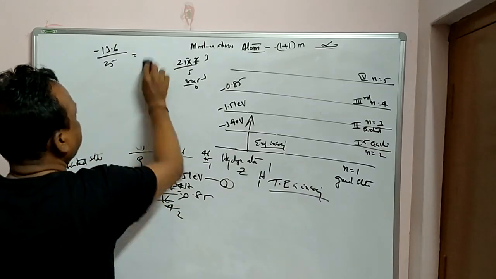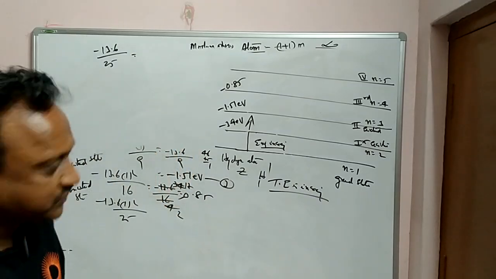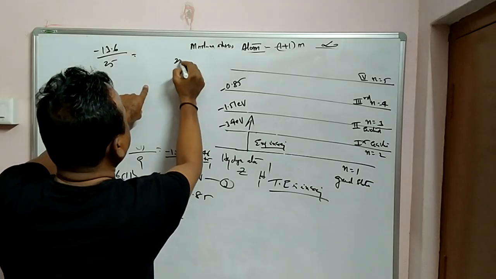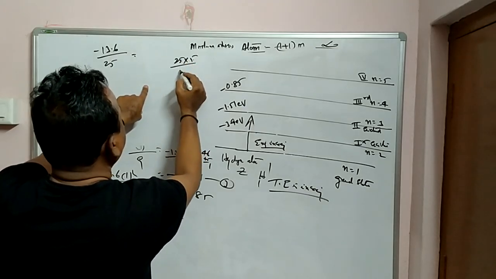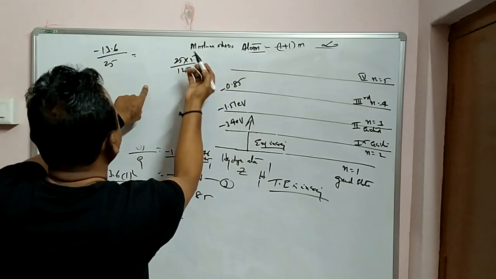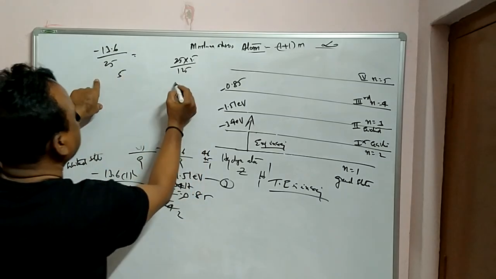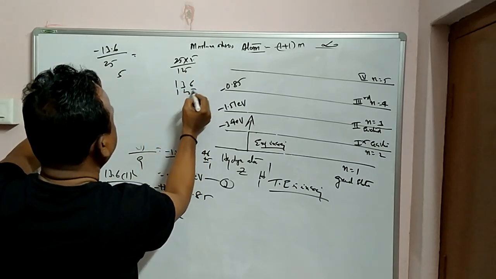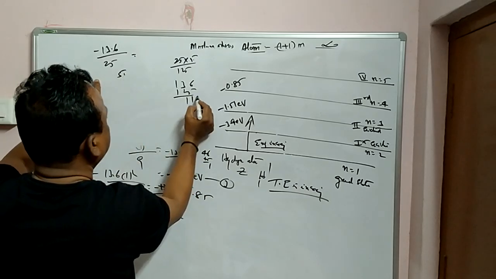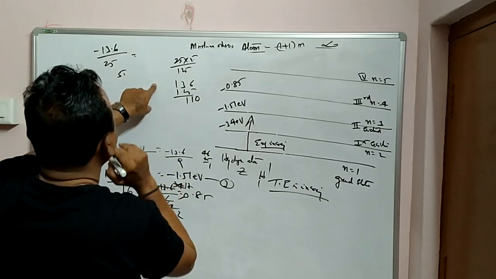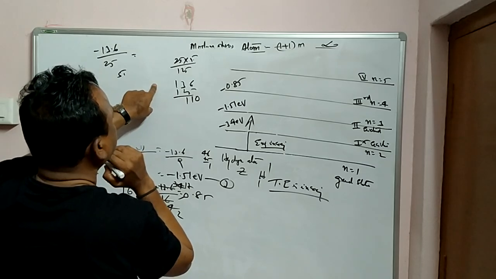So these values, if you remember, it is very easy to solve problems. 25 5s are 125, so 5 times. 136 minus 125, 1 is there, 0. Again 25 5s are 125, 25 4s are 100.